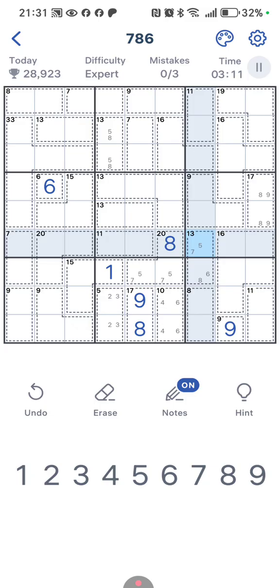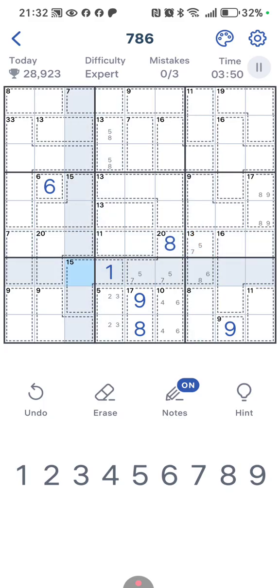What else? Okay, I'm going to start looking at pairs and remainder pairs and stuff like that.